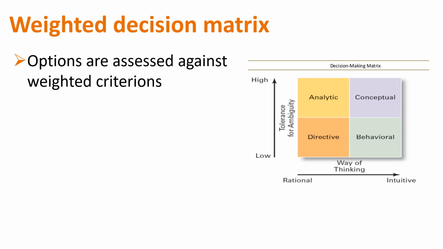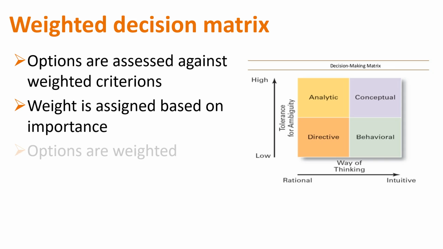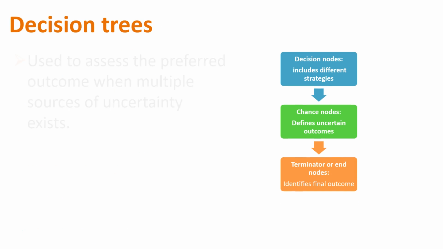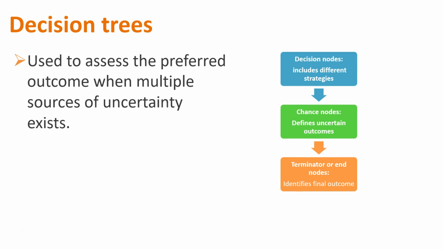And the reason for that is if they meet all of my would-be nices and very few musts, I don't want them to get a higher score than someone that meets most of the musts but almost none of the would-be nices. So weighted decision matrices are extremely valuable because it helps us ensure that we're giving the most attention to the most important elements.